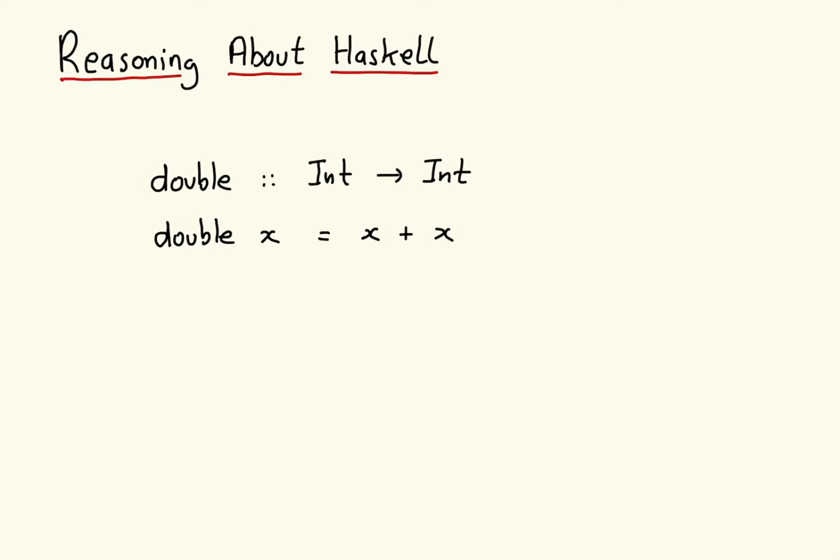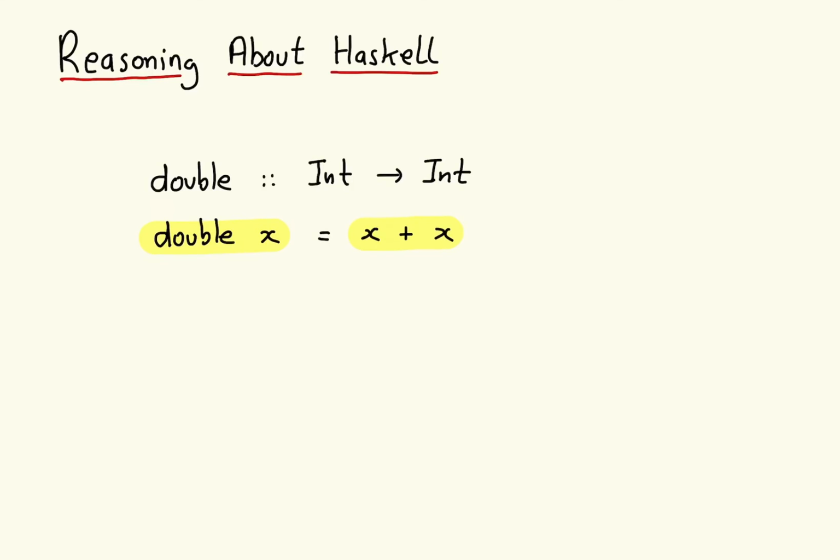So just a simple one-line function definition. However, we can also view this function definition as a property that we can use in equational reasoning. And we can use it in two ways, one of which is very familiar to you and one of which is probably not so familiar. The familiar one is we can use it in a left to right direction by simply applying the function. The idea here is if I give you any integer expression x, then the expression double of x can be freely replaced by the expression x plus x.